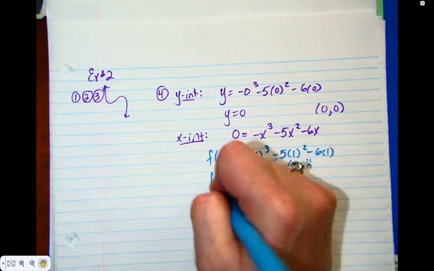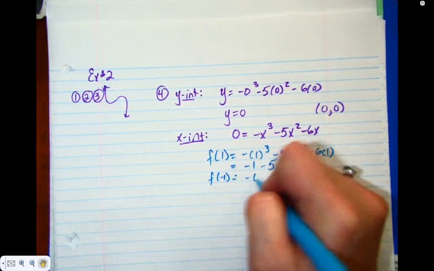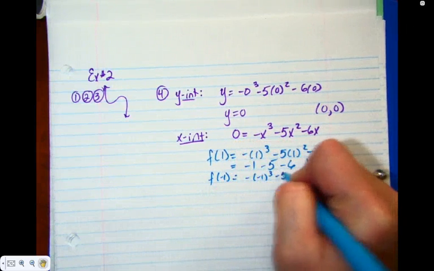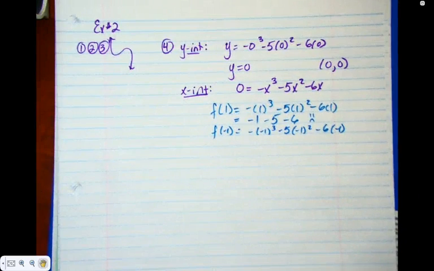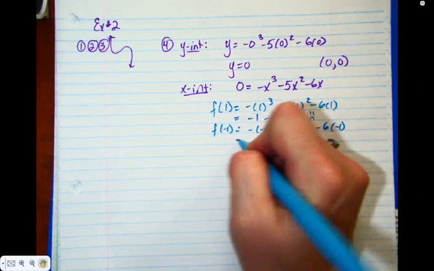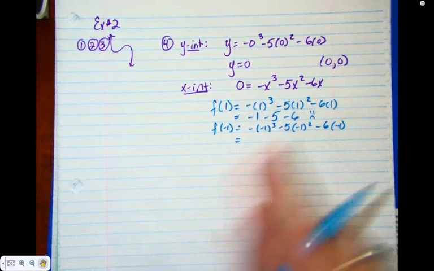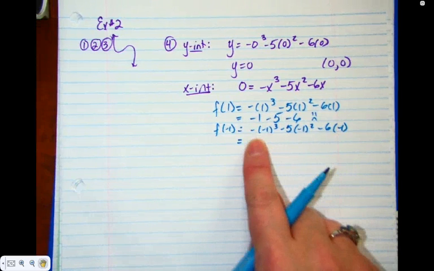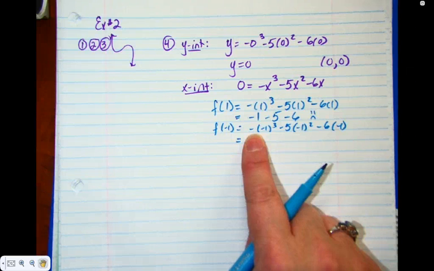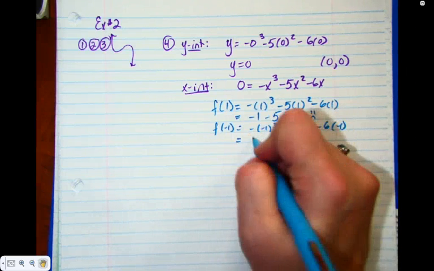Okay, you want to try negative 1? Sounds good to me. Exponent first. So negative 1 cubed. So negative 1 times negative 1 times negative 1. And then I've got another negative in front. Positive 1.